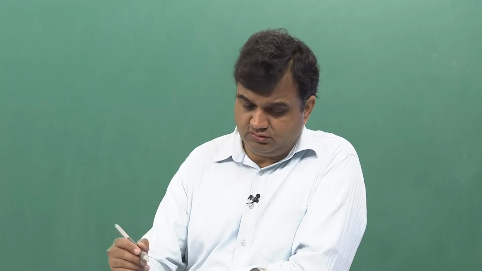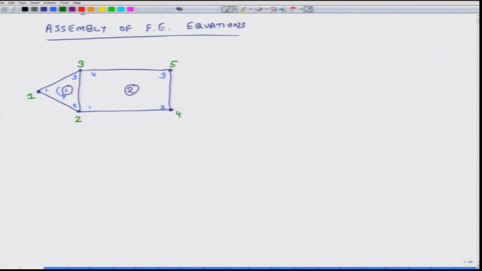So, the first thing we do is we write down a connectivity matrix. So, let us call this connectivity matrix as matrix B, and what does that matrix mean?